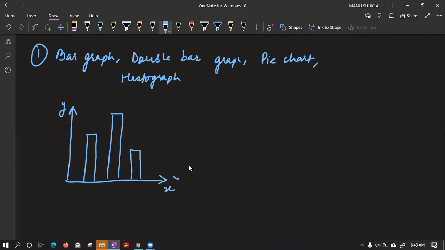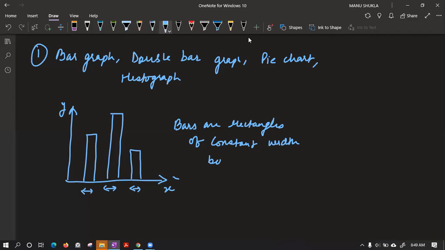In bar graphs we have seen that the width is constant. They are of constant width but varying heights. So bars are rectangles of constant width but varying heights.